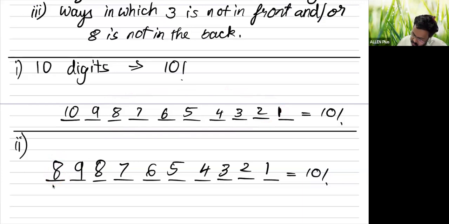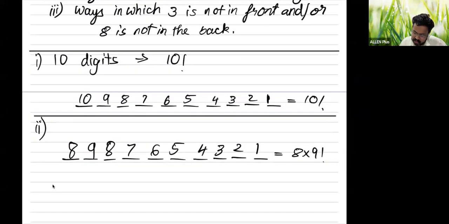So this will not be 10 factorial. This will be 8 multiplied by 9 factorial. You don't need to calculate it out. If you leave the answer like this, it is enough. Now the task is ways in which 3 is not in front and or 8 is not in back. This is a question of inclusion exclusion. So everyone can try the third part.